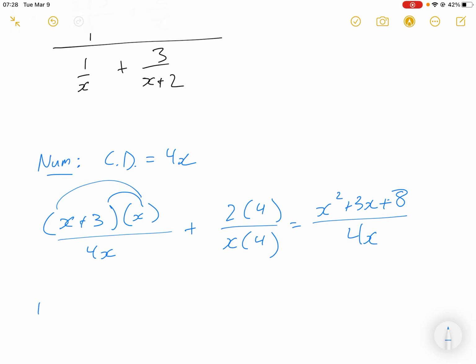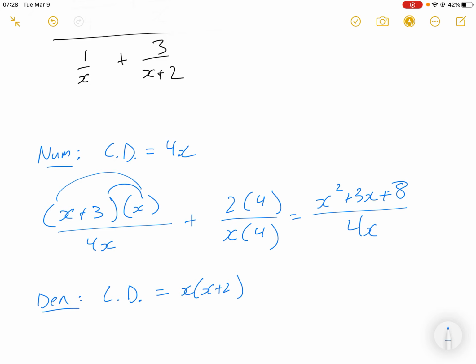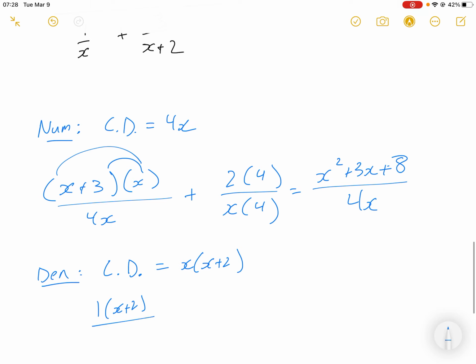Let's go on to the denominator. In the denominator, the terms I'm adding up have a common denominator of x times x plus 2. So that means I need, let's see, 1 times x plus 2 over x times x plus 2.